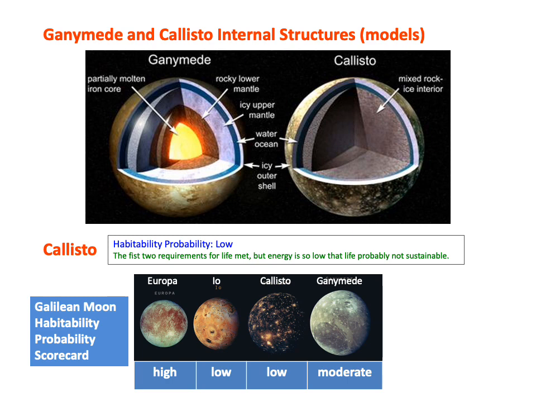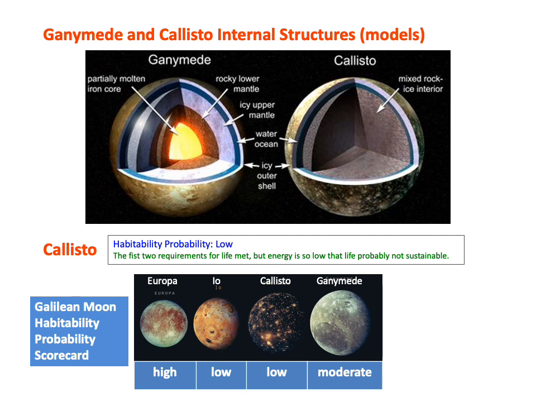So when we look at Callisto, we see on the right that it has this mixed rock interior that's undifferentiated, fairly solid, with a water ocean, maybe a briny water ocean, and an outer icy shell. And with Ganymede, we see the same at the surface. We see the outer icy shell and a water ocean underneath it.